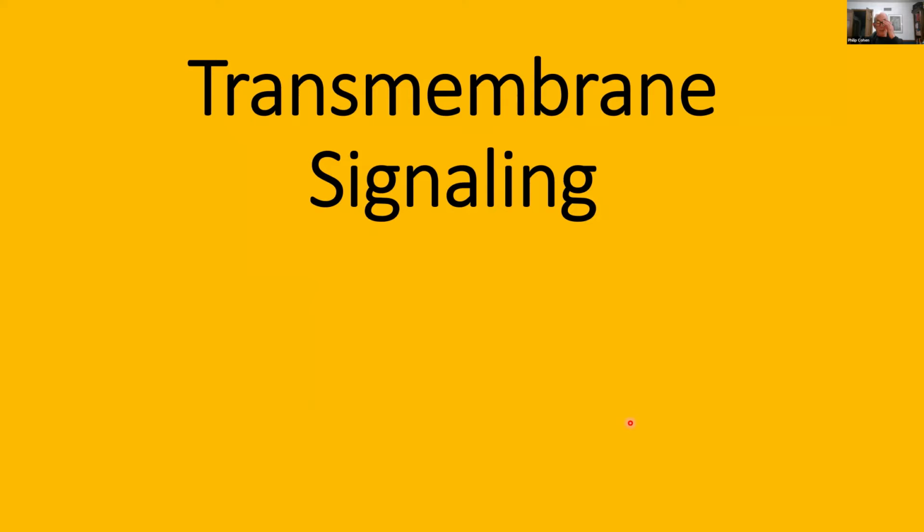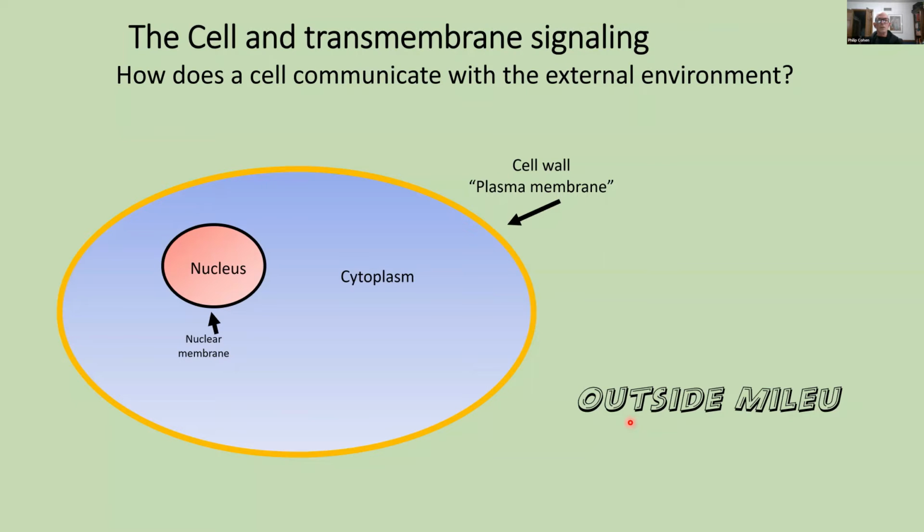So the next concept is what's called transmembrane signaling. So here's a simplistic representation of a cell. This is the nucleus where the DNA is, and this is what we call the cytoplasm, where a lot of stuff is, but we never draw it in these. And this is the outside. And the cell has to know what it's supposed to do.